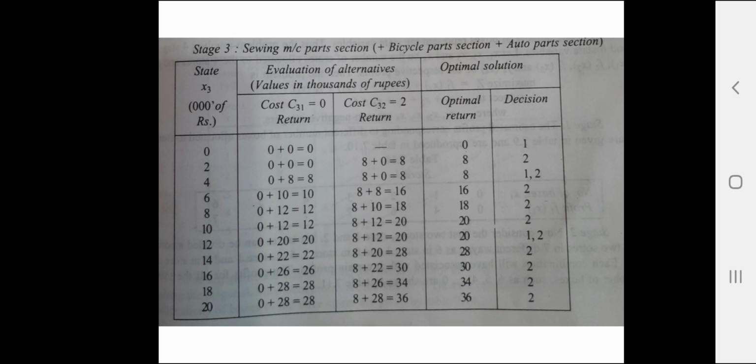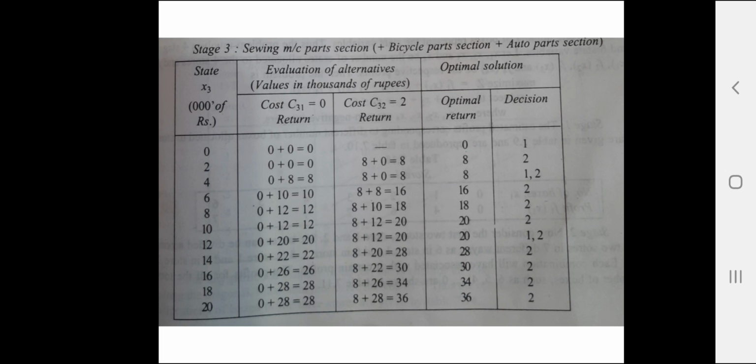This involves a cost of 2,000 and leaves 18,000 to be allocated for stages 2 and 1 combined. So from the previous table, for allocation of 18,000 rupees, alternative 3 is to be chosen, which costs 12,000 rupees. For the remaining sum of 6,000, decision alternative 3 is to be selected.